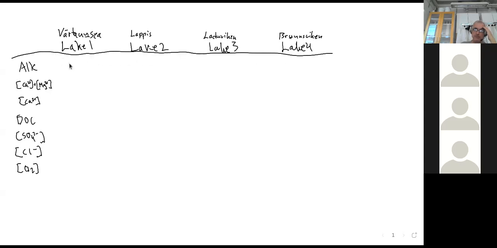What values did you get? On the first one, we got the concentration to be 0.0014 molar, and on the fourth one, 0.0017 molar. Okay.